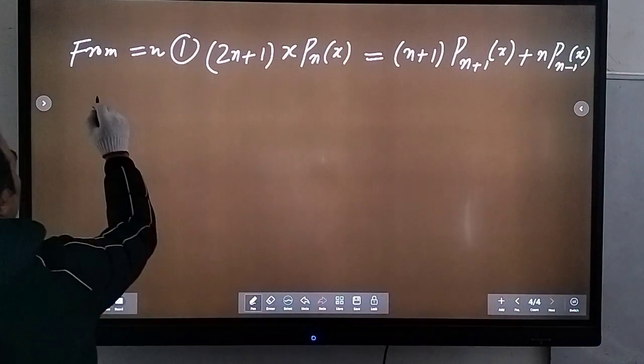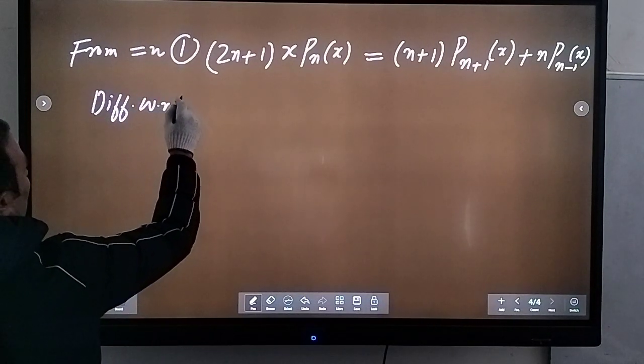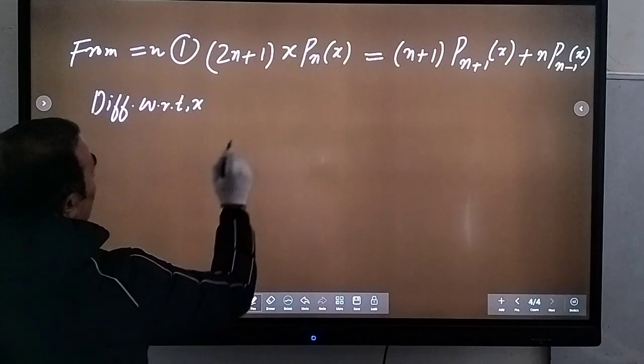So when you differentiate this, you differentiate with respect to x. Okay. So this will be equal to.